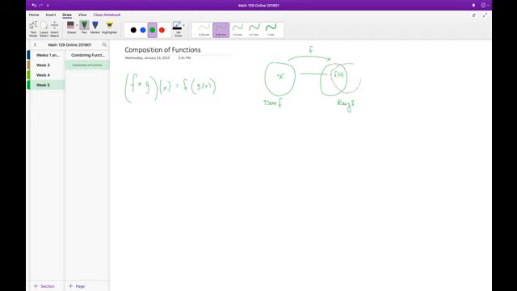and let's say that this is the domain of g. Maybe I'll change colors to make that more explicit, right? So this is the domain of g, and then let's say that this is the range of g. So here's our g function.